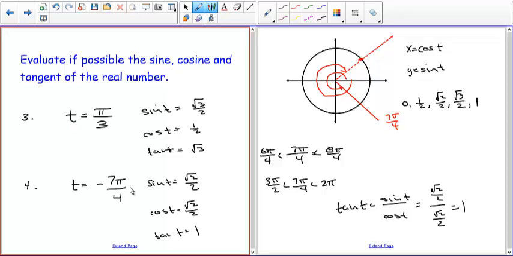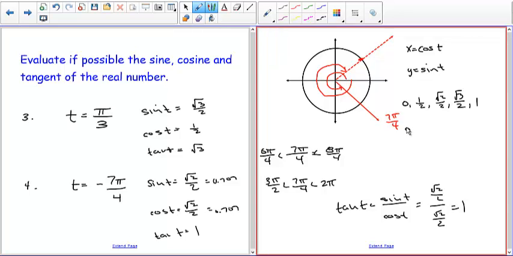So if I do the sine of negative 7 times pi divided by 4, what I get is 0.707. So my calculator would say 0.707. And if I do the same thing, except I do a cosine, I get 0.707.